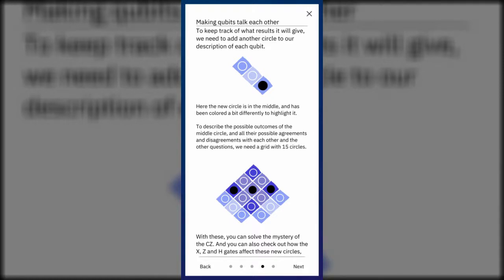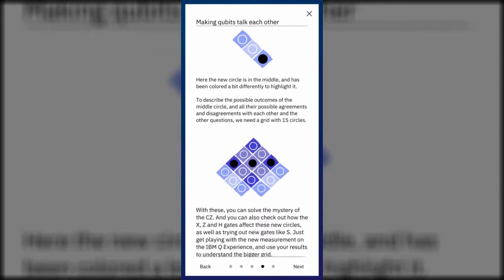To describe the possible outcomes of the middle circle and all the possible agreements and disagreements with each other and the other questions, we need a grid with 15 circles.